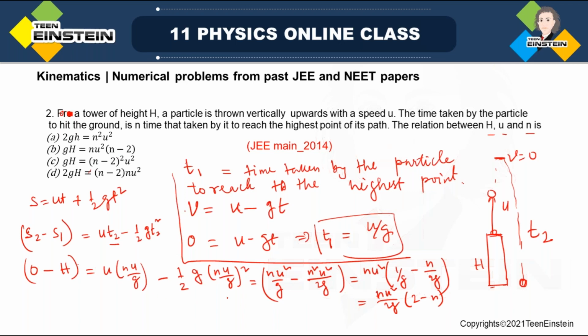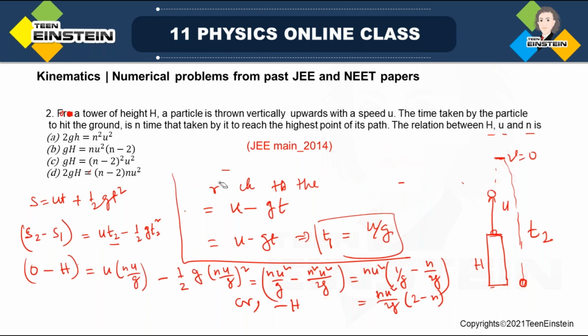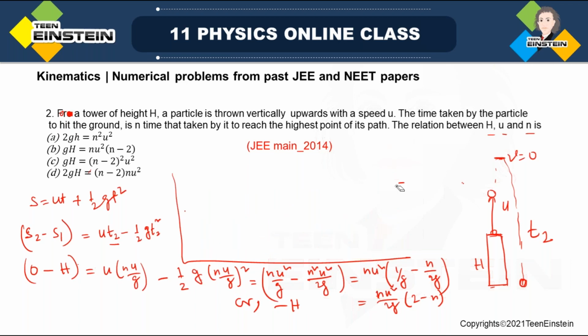Okay, and here in the left hand side you have minus H. Upon further simplification we can see that H will be equal to n u square.